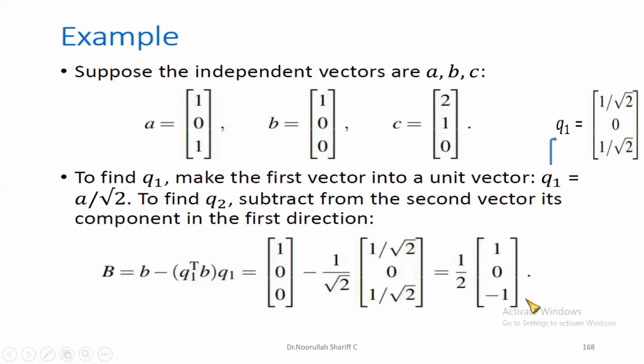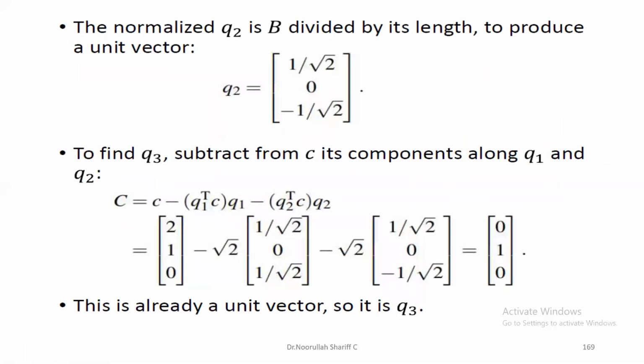So thus we will get this value as the B. Now this B should be divided by the length of B so that we will get the value which corresponds to Q2. So Q2 will be B divided by its length to produce the unit vector, which is 1 by root 2, 0, minus 1 by root 2.